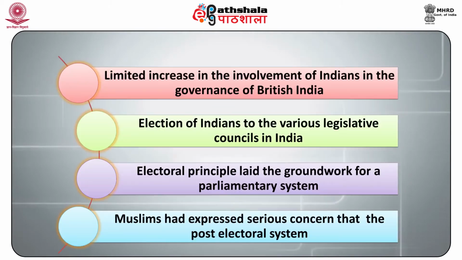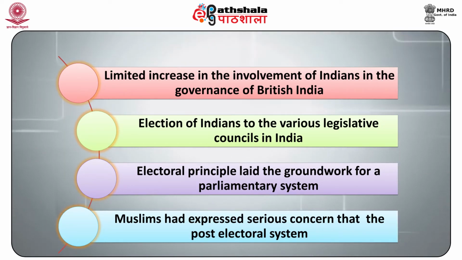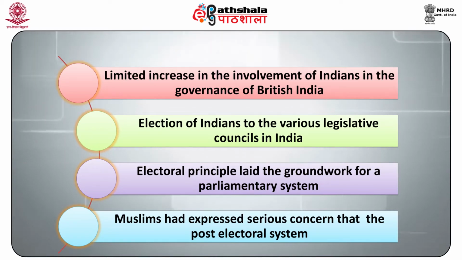Next is the Indian Councils Act 1909. The Indian Councils Act 1909, commonly known as the Morley-Minto Reforms, was an act of the Parliament of the United Kingdom that brought about a limited increase in the involvement of Indians in the governance of British India. It effectively allowed the election of Indians to the various legislative councils in India for the first time, though previously some Indians had been appointed to legislative councils.